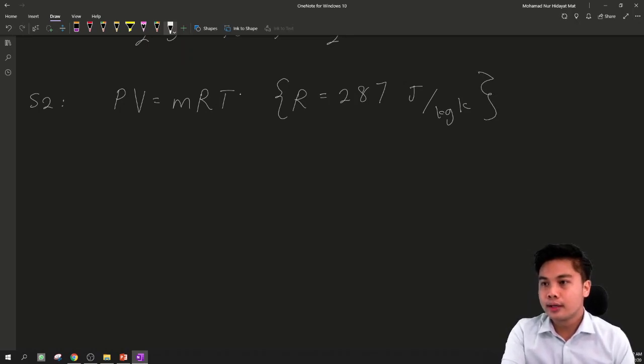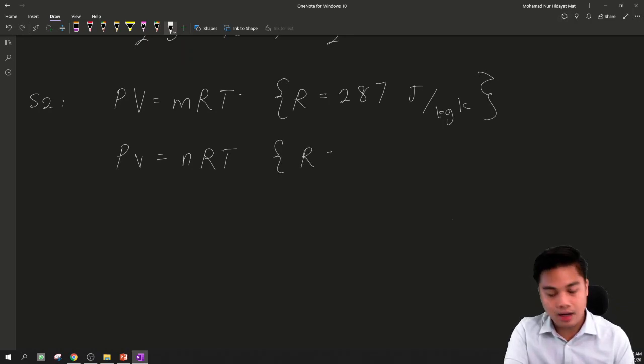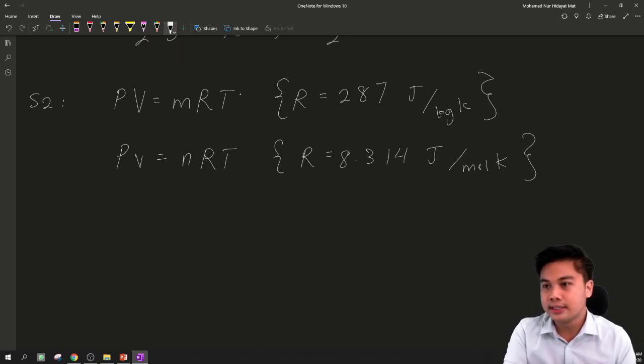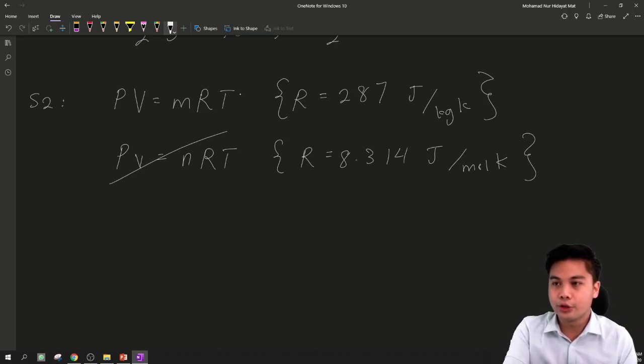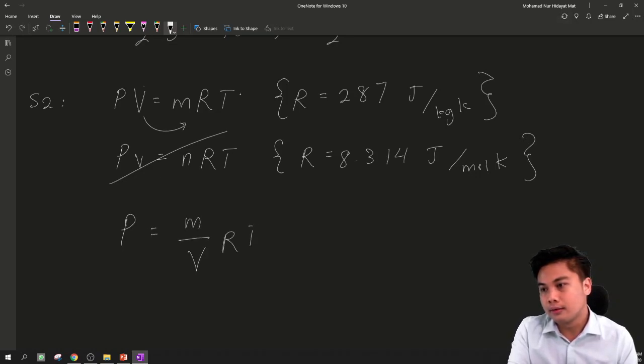We are using R equals 287. To get the density, volume moves to the other side, becoming mass over volume equals P over RT.